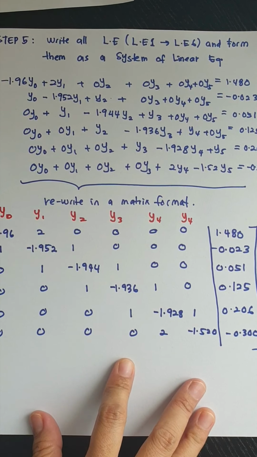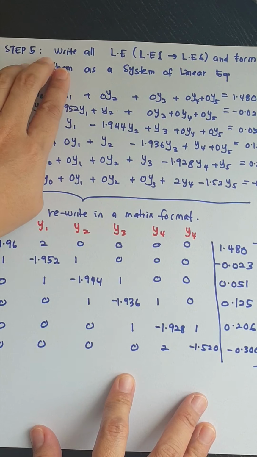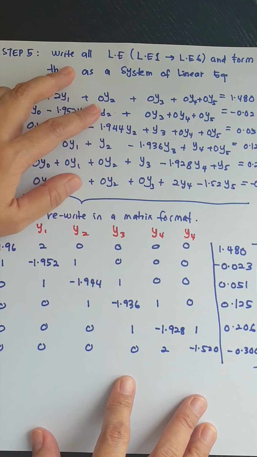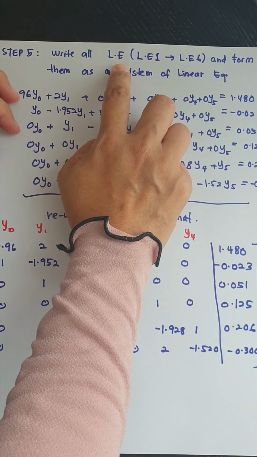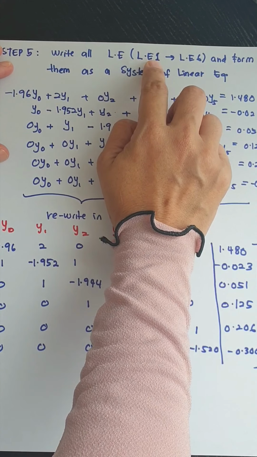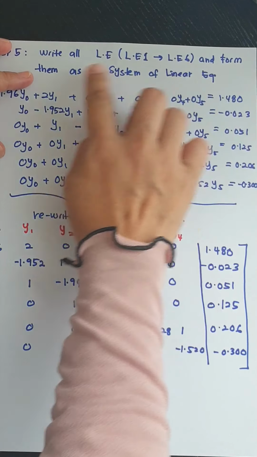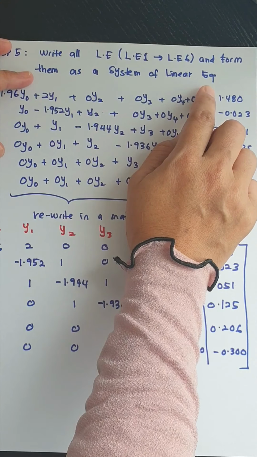Okay, now we have arrived at the final step, which is step 5. In step 5, what you need to do is write all the linear equations that you formed in step 4, from linear equation 1 until linear equation 6, and form them as a system of linear equations.